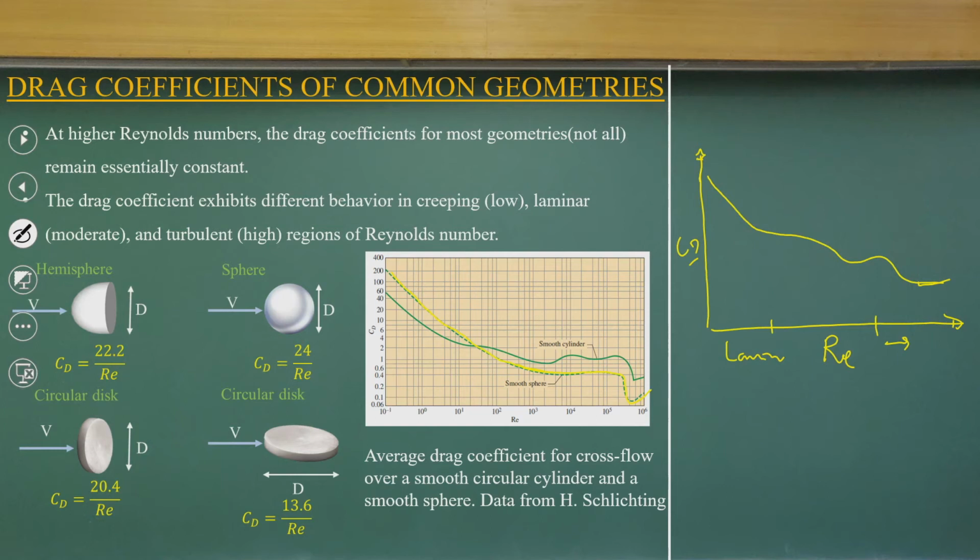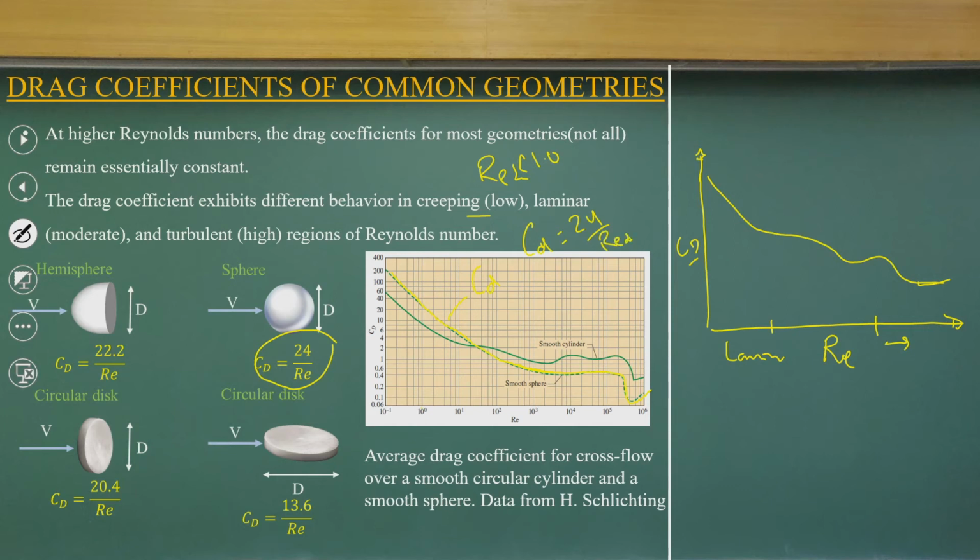This linear part is when the flow is laminar, or very creeping, with Reynolds number very much less than 1. That is called creeping flow. For that we can define a simple function of the Reynolds number, because it is a linear function. For a spherical shape, the CD is 24 by Reynolds number.